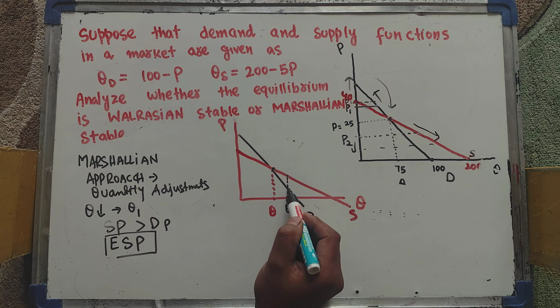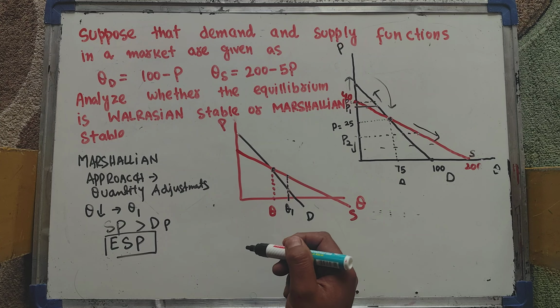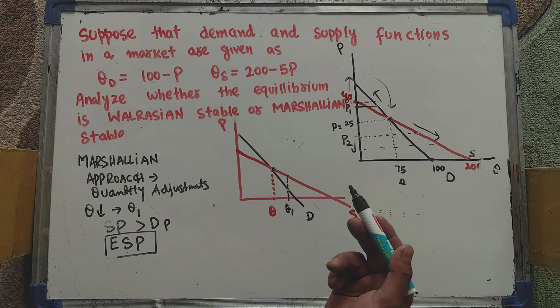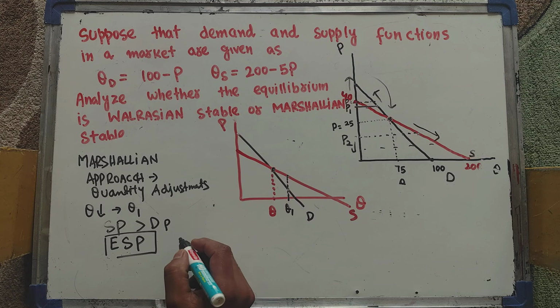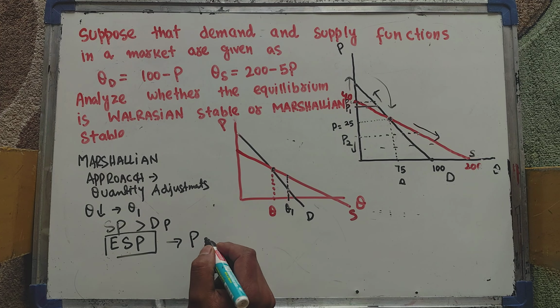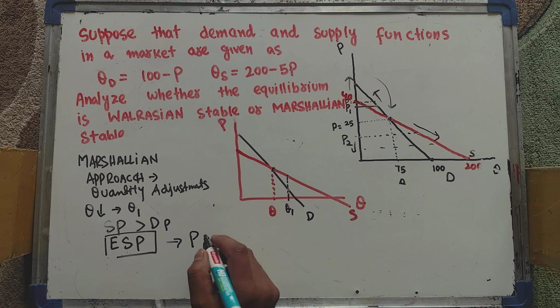So there is no willingness to pay a higher price by the consumers. This will induce producers to decrease supply. That means they will decrease the quantity.